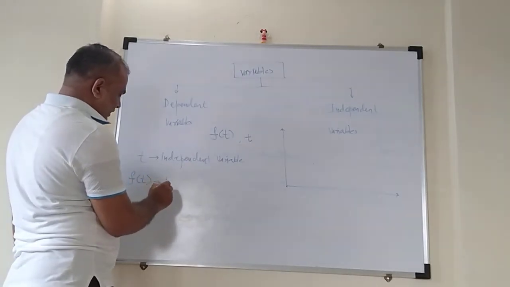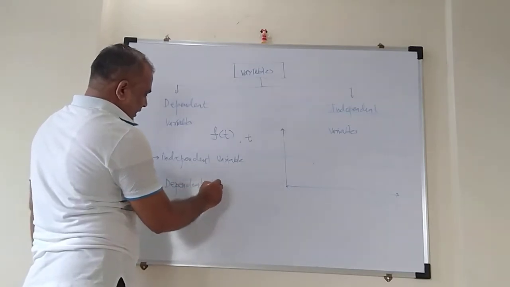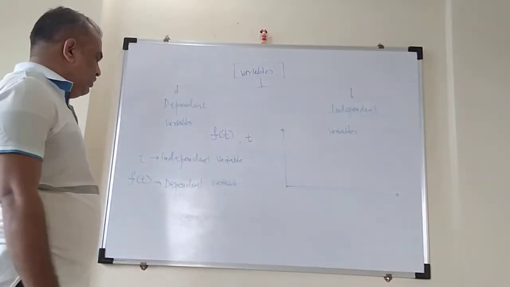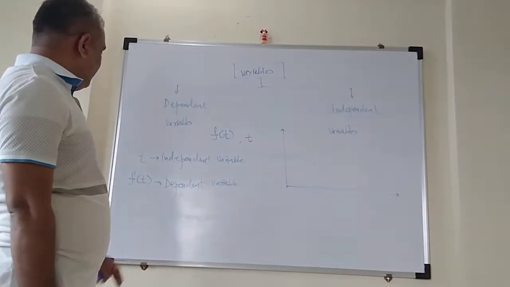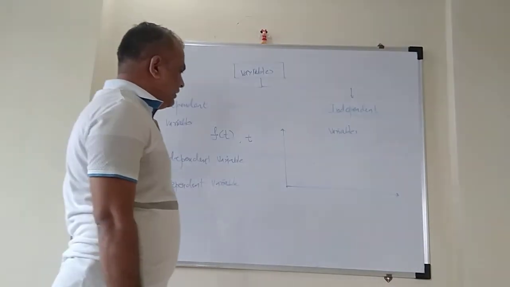So I can say this is the dependent variable, and we know very well independent variable or independent quantity always goes on the x-axis.